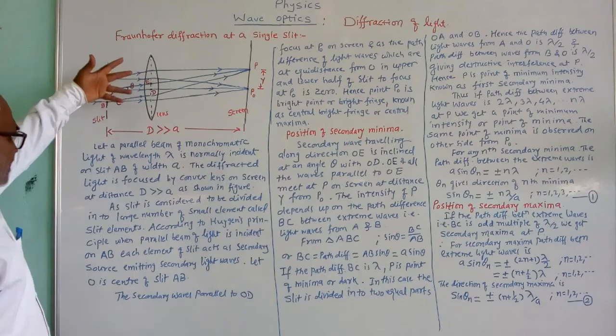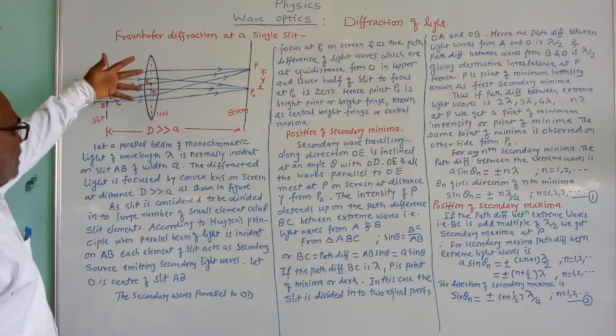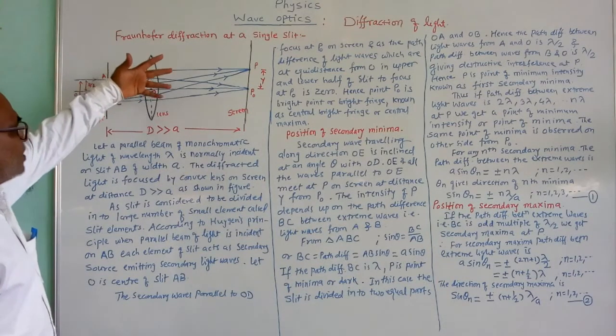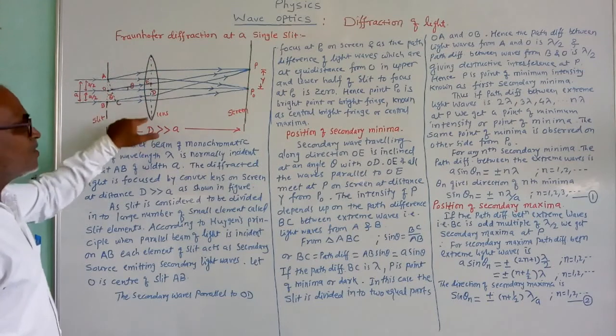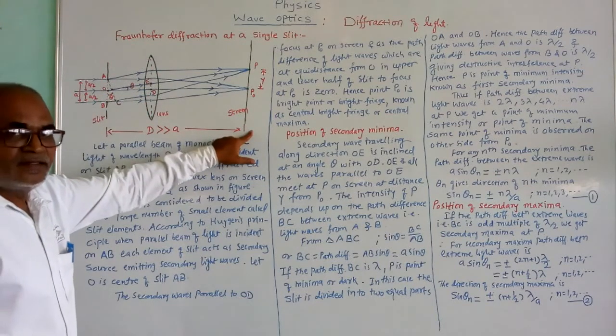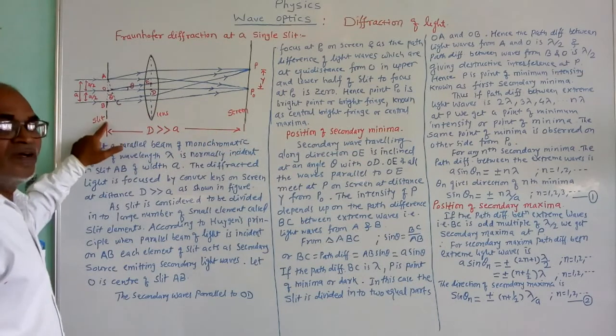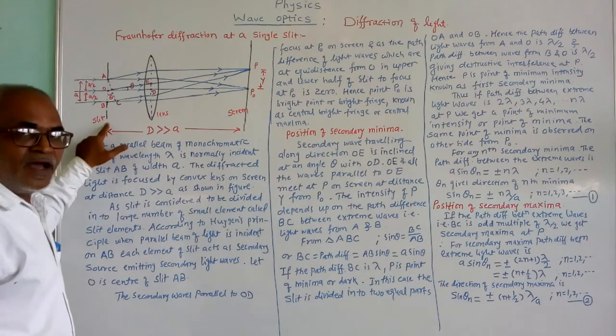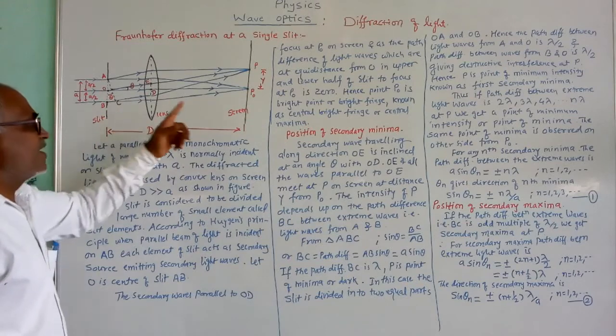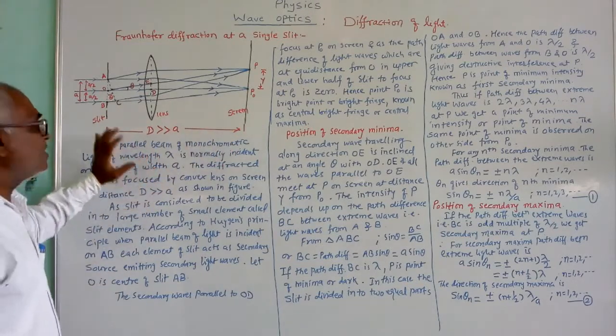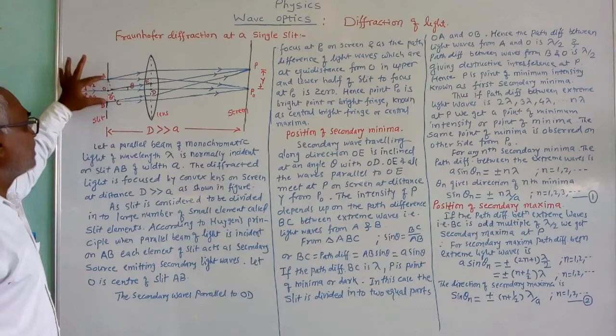The diffracted light is made to focus by using a lens on this screen, and the screen is kept at a distance capital D from the slit, and this distance between the slit and screen is very large as compared to the slit width.